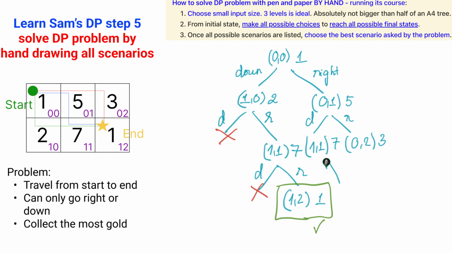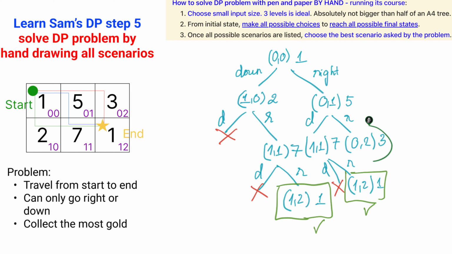If we go down, it's out of the map, so that's an end state. If we go right, we hit the end, which is our desired destination. And that's gonna be 1, 2 with 1 goal. And here is our desired destination.